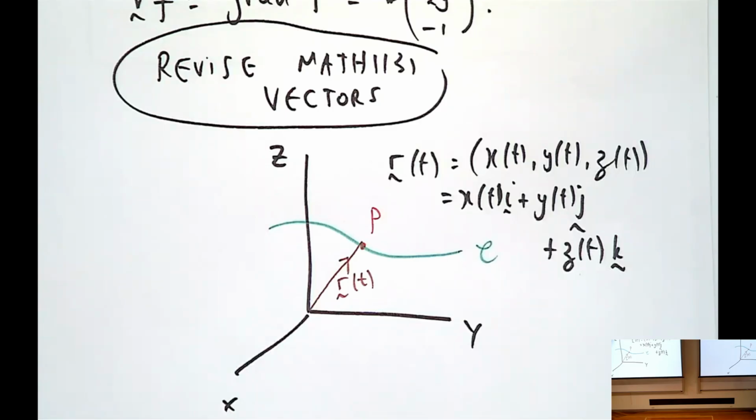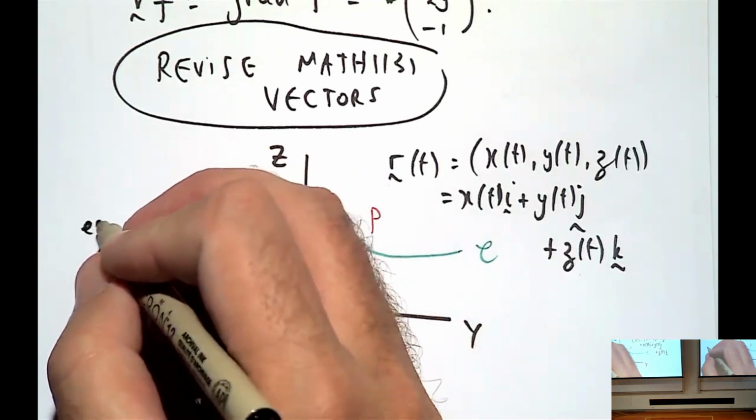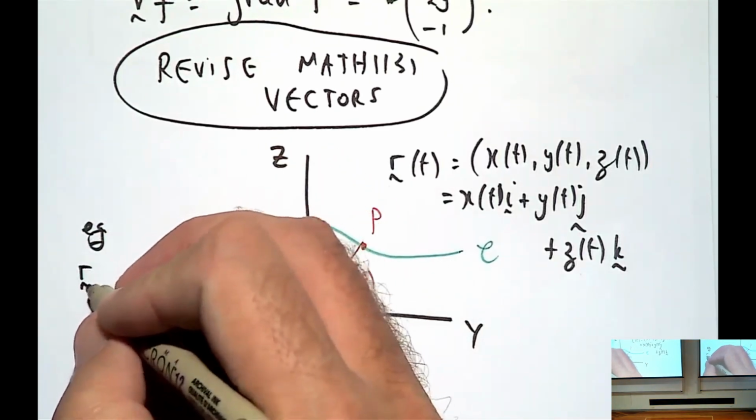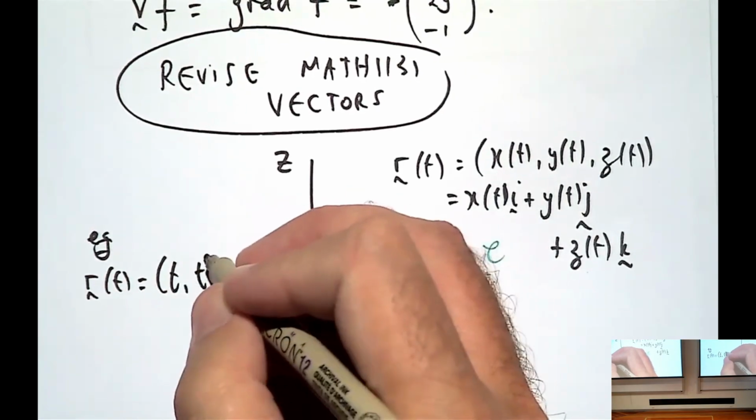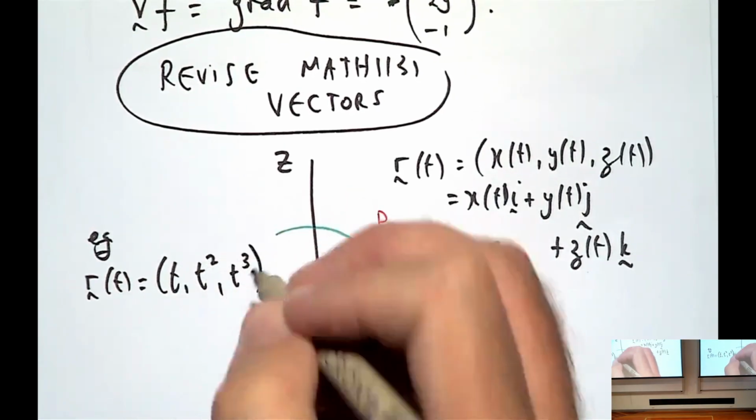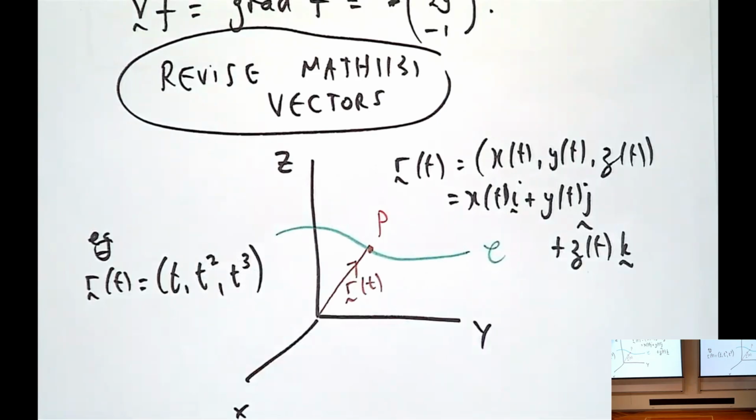So let's think about a simple example. I don't know, it could be something like this. Something like that. So the x component is t, the y component is t squared, the z component is t cubed.